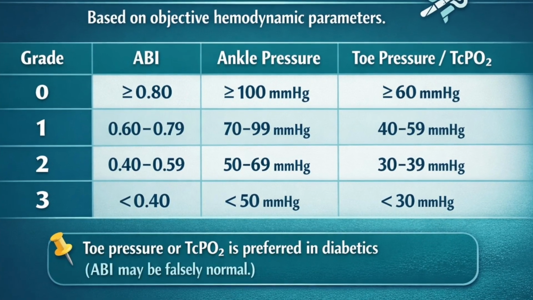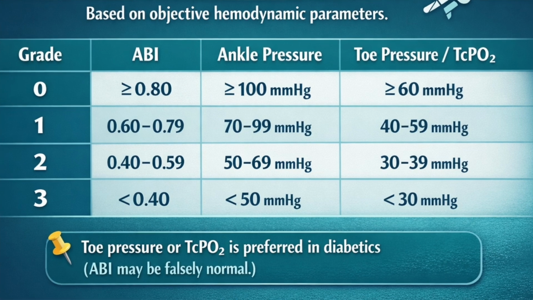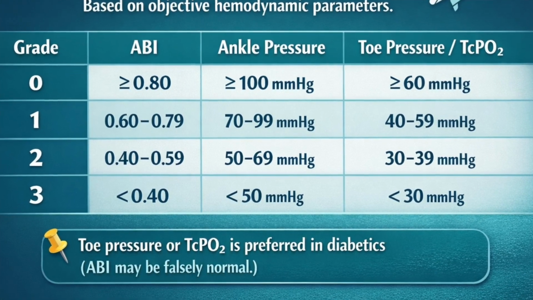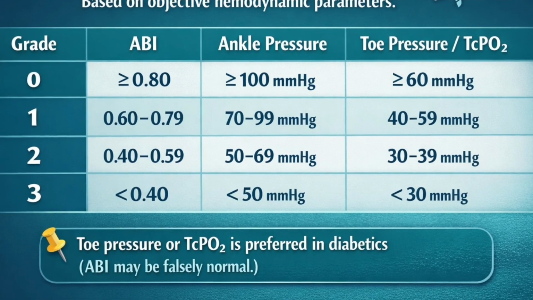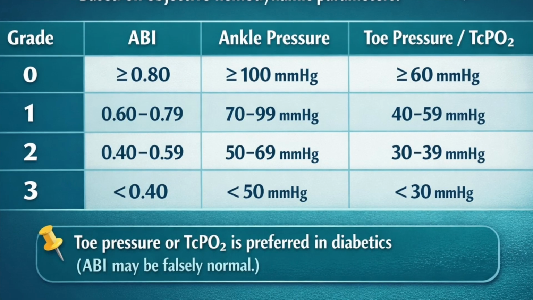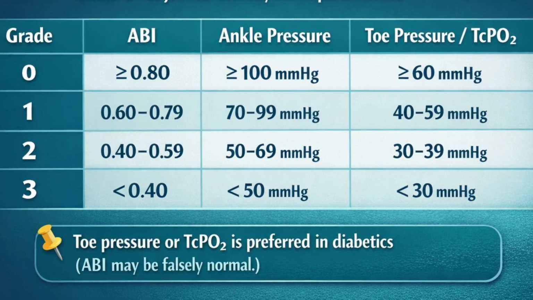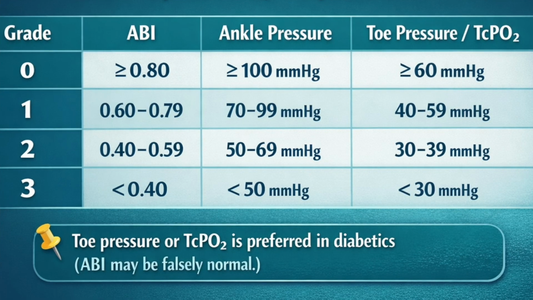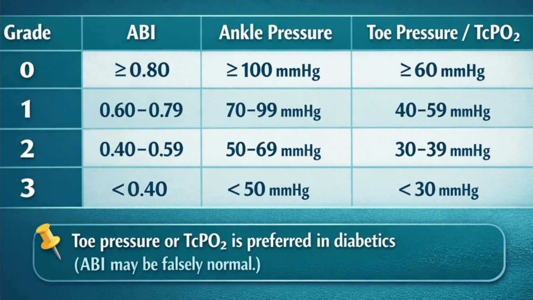Grade 2, 0.4 to 0.59 ankle brachial index, ankle pressure of 50 to 70 millimeters of mercury, toe pressure of 30 to 39 millimeters of mercury. And grade 3, ankle brachial index less than 0.4 with ankle pressure less than 50 millimeters of mercury and toe pressure less than 30 millimeters of mercury.